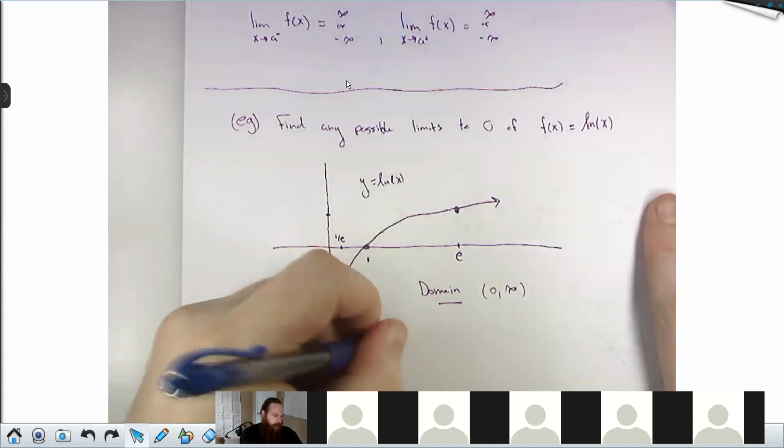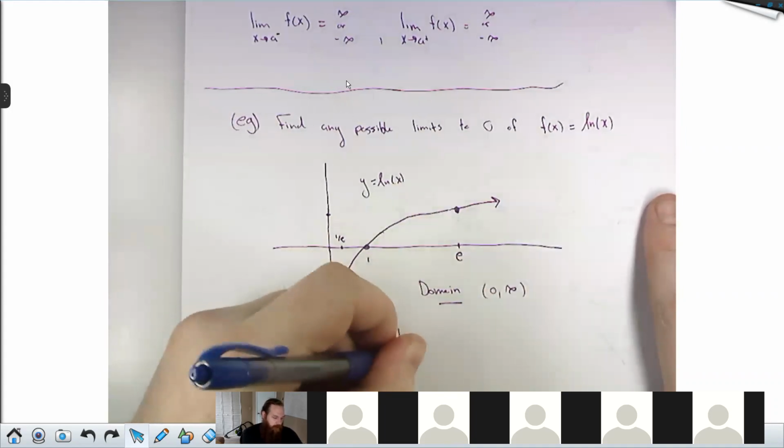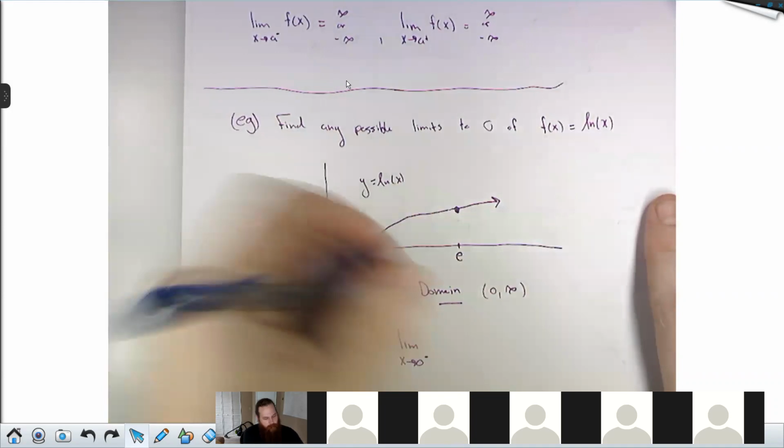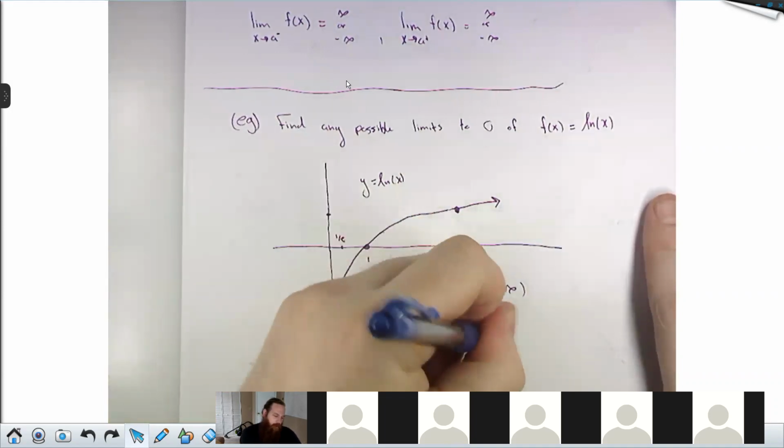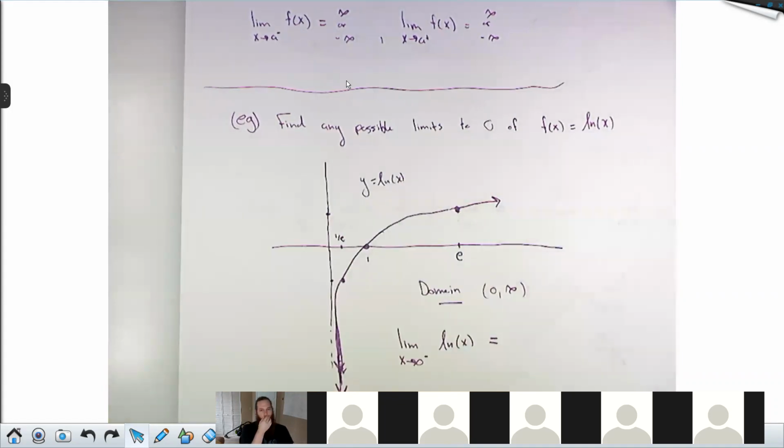So if I asked you to take the limit as x approaches 0 from the left of ln x, what would we say there? There's nothing over here to work with, right? Because no negative numbers are included in the domain.